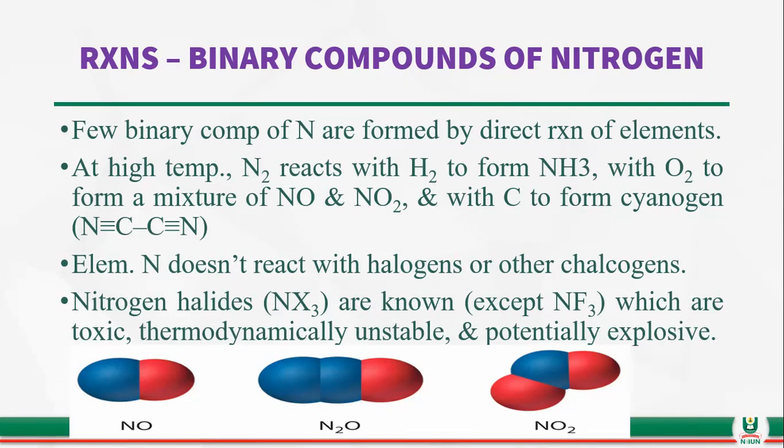Elemental nitrogen does not react with halogens. So it must be nitrogen gas that you bubble at high temperature. The elemental form of nitrogen, in just one atom, not N2, just N, does not react with halogens or other chalcogens. Chalcogens are group 16, the oxygen family. Nitrogen halides, however, are noted to be formed using diatomic nitrogen at high temperature.